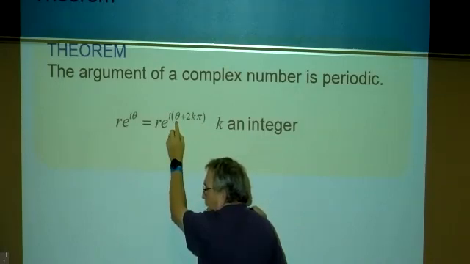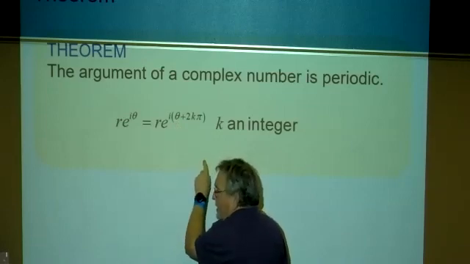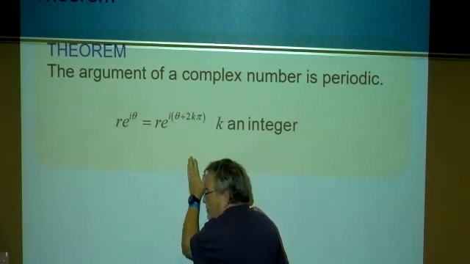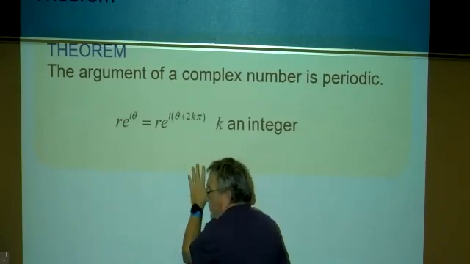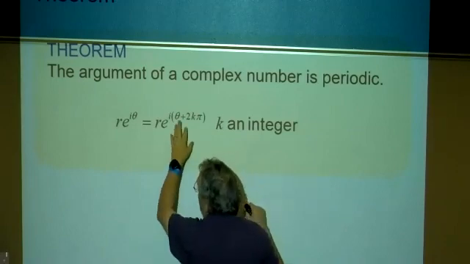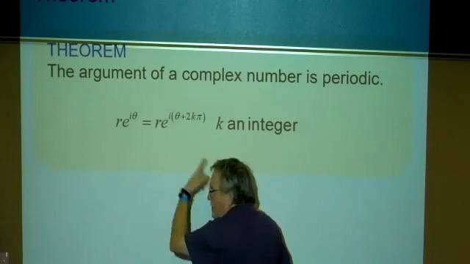If theta is pi over 4, then you go around once, adding 8 pi over 4 to pi over 4. So that's 9 pi over 4. And if I went around 3 times, that's adding 12 pi over 4, so that'll give you 13 pi over 4. It ends up at the exact same place. So you keep going around and around, but you keep winding up at the same point.